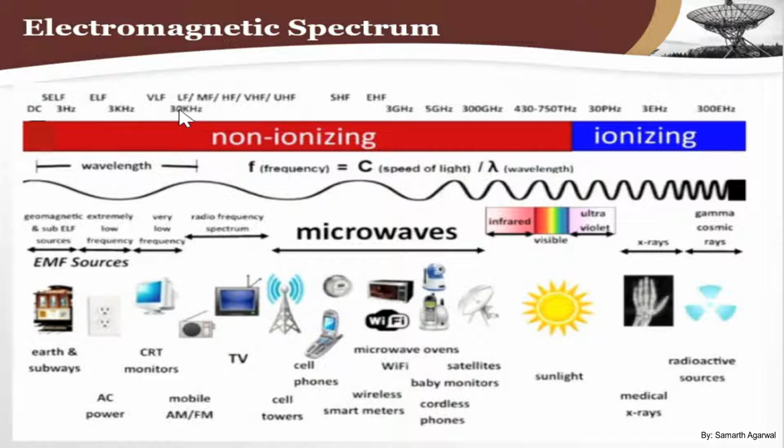We all have studied one formula, f equals c by lambda, where f corresponds to frequency, c corresponds to the speed of light, and lambda corresponds to the wavelength. Here, if you look at the curve just below the petahertz or terahertz band, it started reducing. It's nothing but the wavelength.